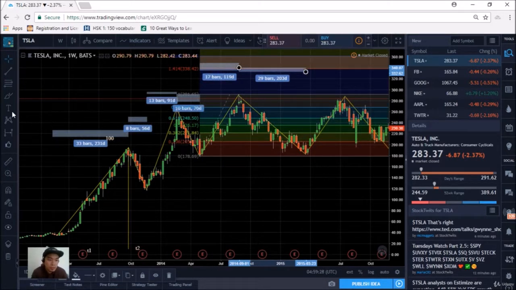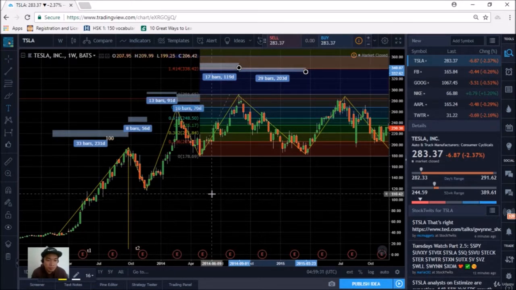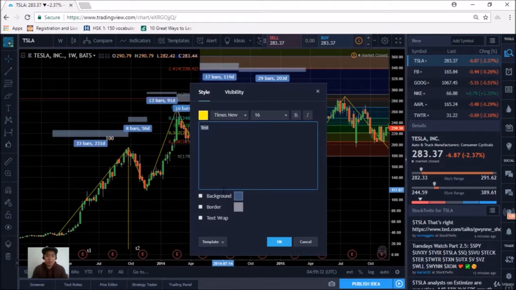Now, if T1 is less than T2, the Fibo target would be 1.618.